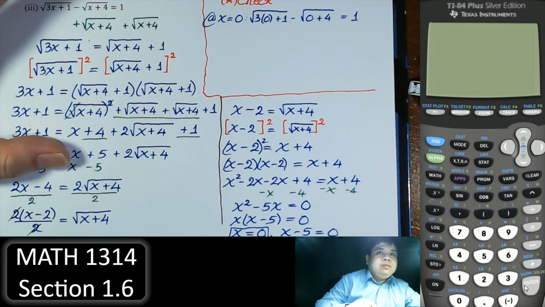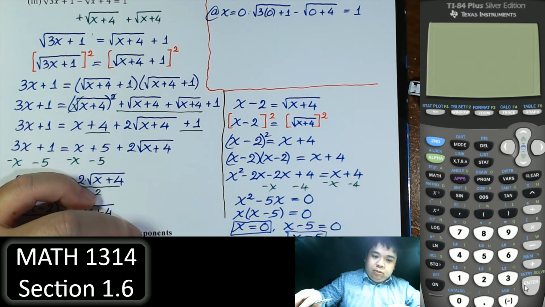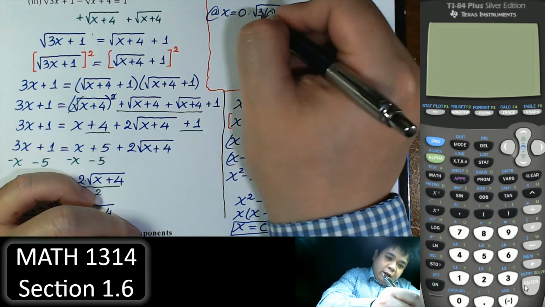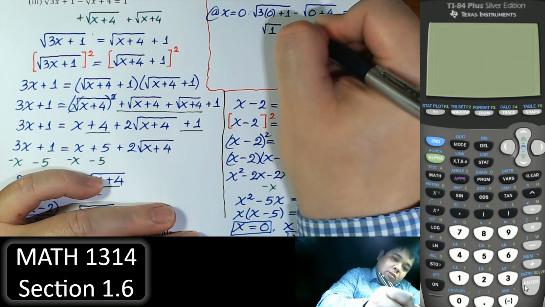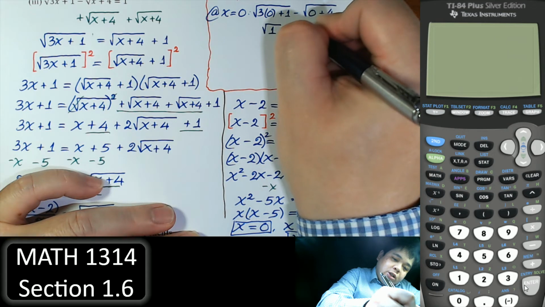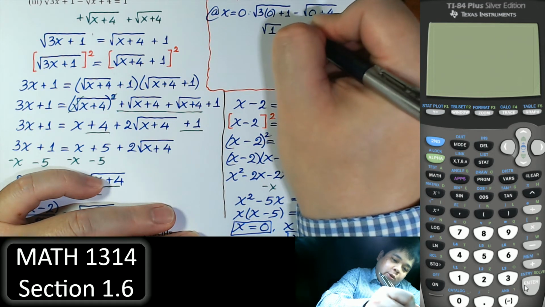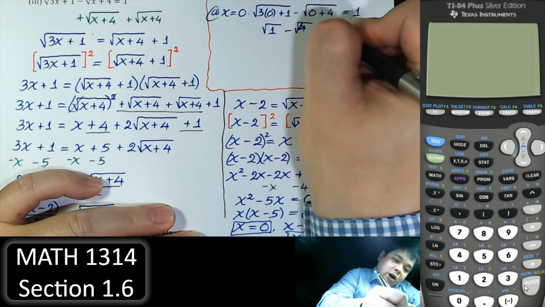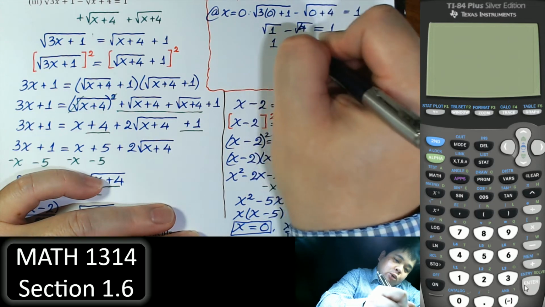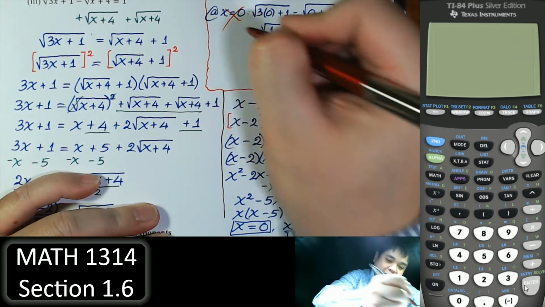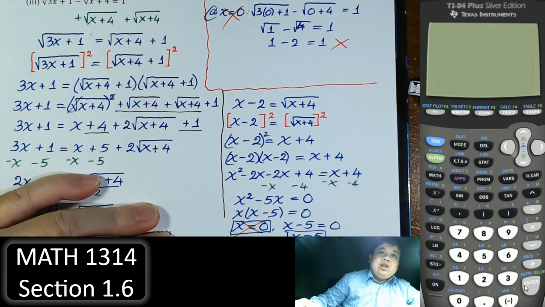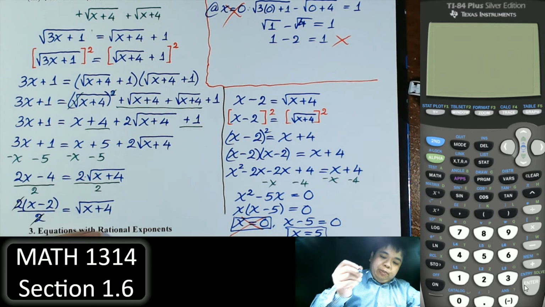So we have square root of 1 minus square root of 4, which is 2, equal to 1. So 1 minus 2 equal to 1, and that doesn't work. So x equal to 0 is not a solution.